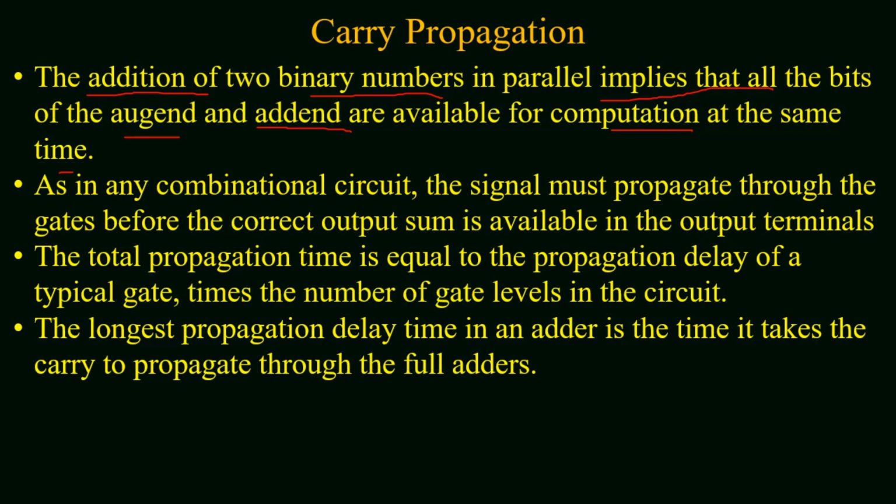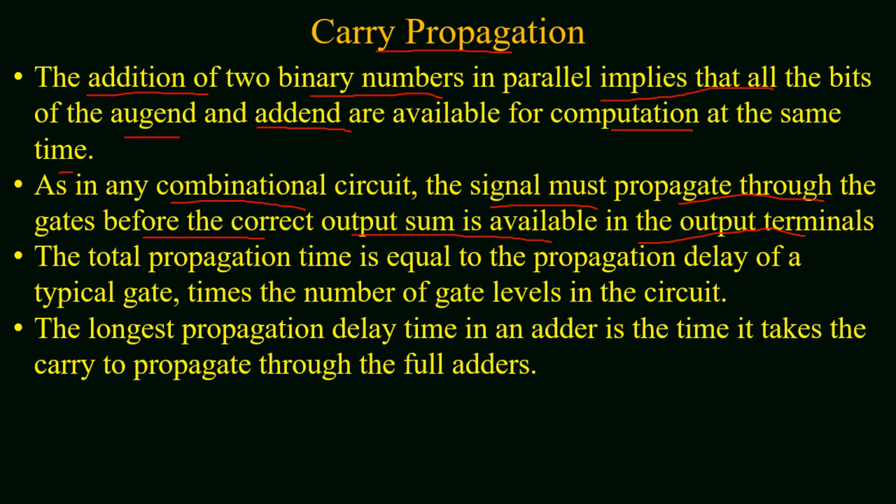So before starting carry look ahead adder, we will study the factors or the features which were affecting the performance of ripple carry adder. And for this, we will study the carry propagation. Now, in any combinational circuit, the signal must propagate through the gates before it gives us the correct output sum at the output terminals.